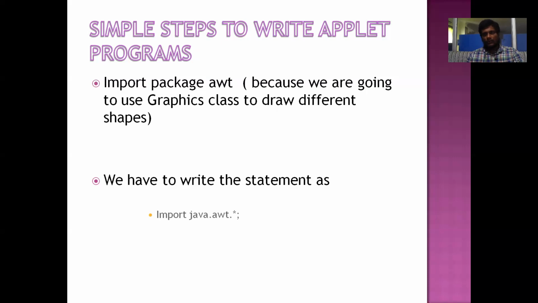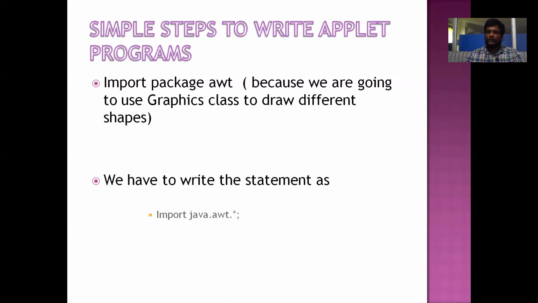So we have to write the next statement of our program as import java.awt.*, or we can replace that with import java.awt.Graphics. This Graphics class contains many methods, and by using these methods we are going to display some text on the applet or draw different shapes on the applets.